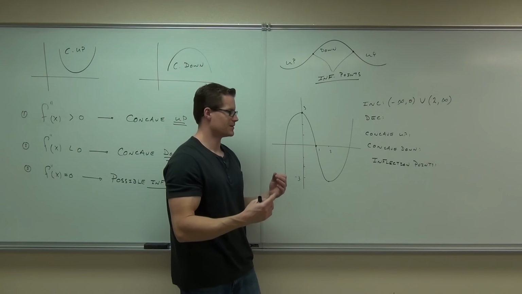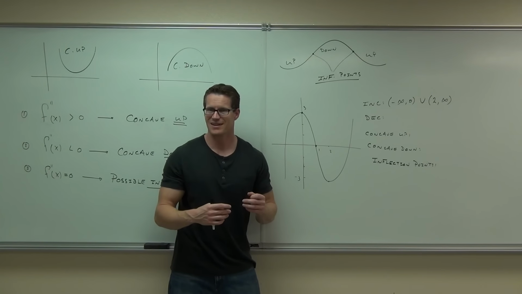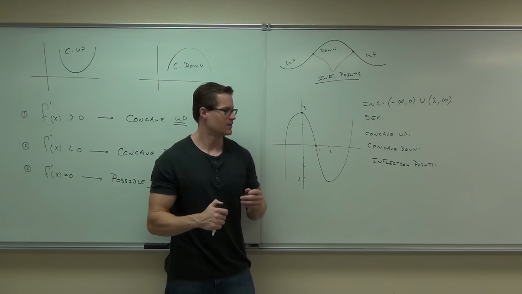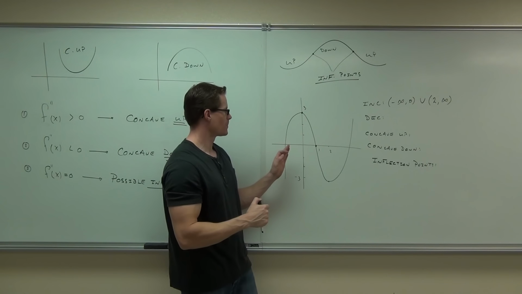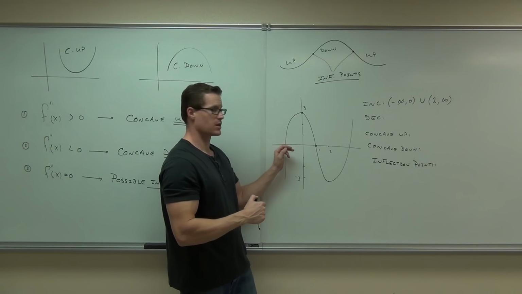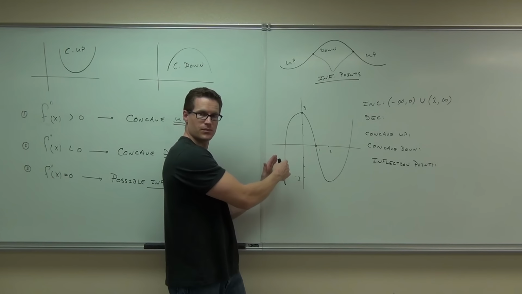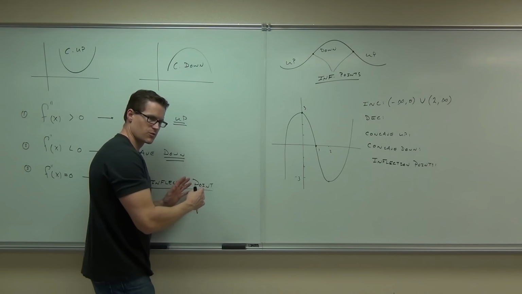Seems counterintuitive not to say negative from 1 to 0. Or at that point where it crosses the x-axis the first time on the left. We're still increasing from here as well. We always read from left to right.